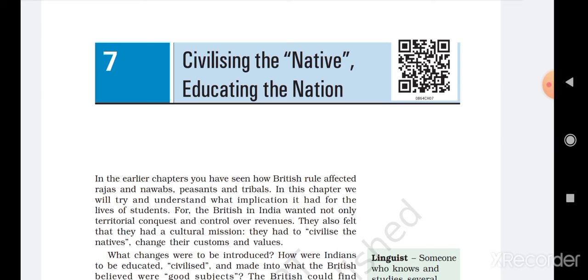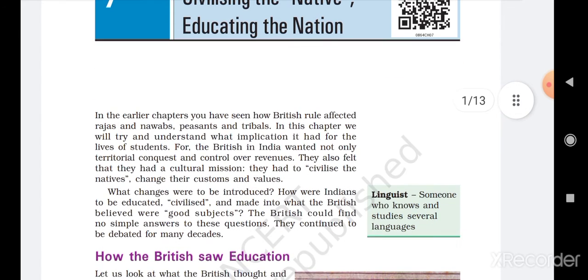Now, the British in India wanted not only a territorial conquest and control over revenues. As I told you before, they didn't just want a territorial conquest, or just to control the revenues of a particular state or territory. They also felt that they had a cultural mission, that they had to civilize the natives and change their customs and values. As I told you, it is a colonial rule.